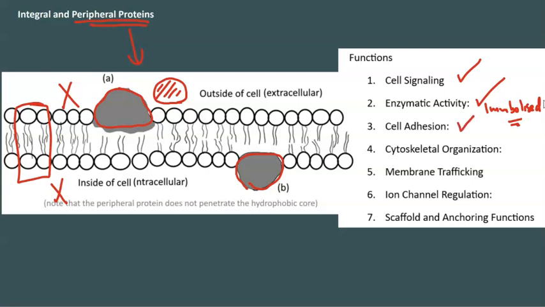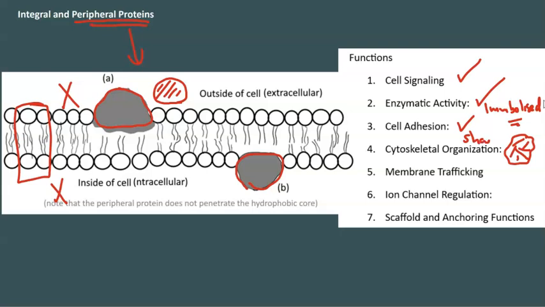Cell adhesion, this is the idea in multicellular organisms that cells need to stay attached to each other, and that can be one of the functions of the peripheral proteins as well. Cytoskeletal organization, so if we have the cell like this, we know that within the cell there are protein molecules which strand across the cell, connecting together to create the shape of the cell.